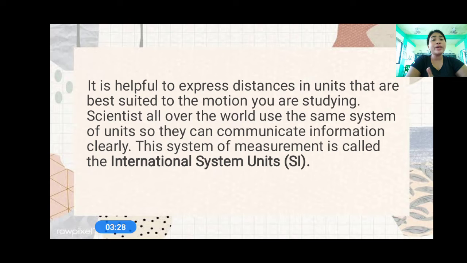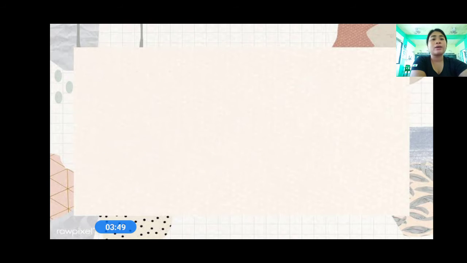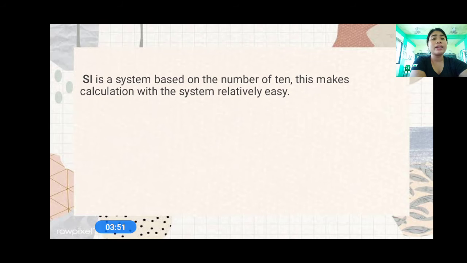Now, it is very helpful that we express distances in units that are best suited to the motion we are studying. So the system of measurements that we must use, what is that? The International System of Units or also called the SI. Now, everyone, SI is a system based on the number of 10.